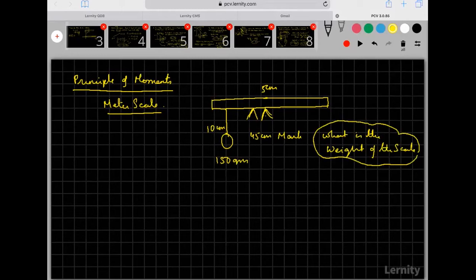So there is a meter scale which is balanced at the 45 centimeter mark when a 150 gram weight is applied at the 10 centimeter mark. The question is, what is the weight of the scale? So in reality, what is going to happen is that, okay, you work. I'll wait for one minute and then I will explain.